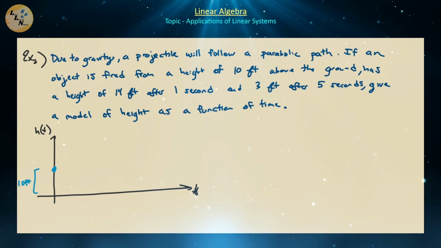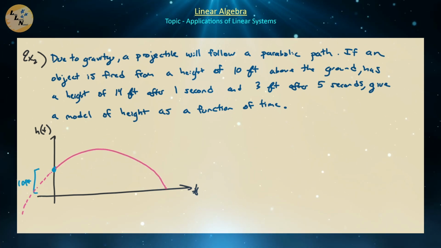And we're assuming that this is going to be a parabolic path, in particular a negative parabolic path, because whatever comes up must come down, at least by the traditional laws of physics. So our parabolic path is going to be equal to this particular curve, right? And once it hits the ground, let's assume that it doesn't keep on going through the ground.